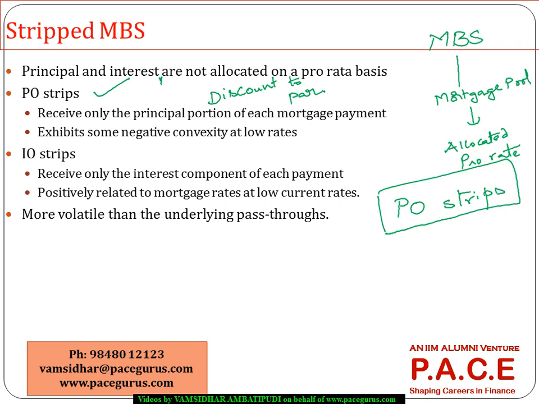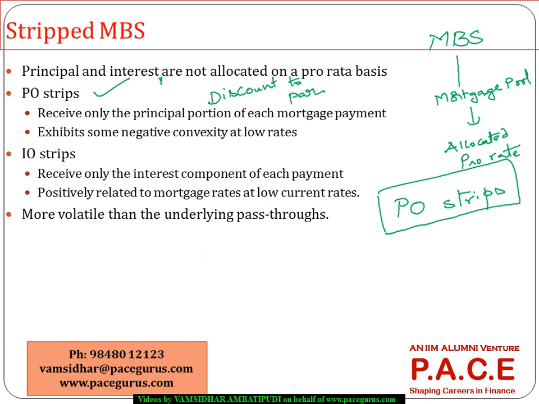So the higher the prepayments, the more is received quickly, and the principal only strip will receive the payment at a faster rate. But if the prepayment rates are much slower, the PO strip investor will get the principal at a slower rate, thus increasing the time period over which he will receive the amount.